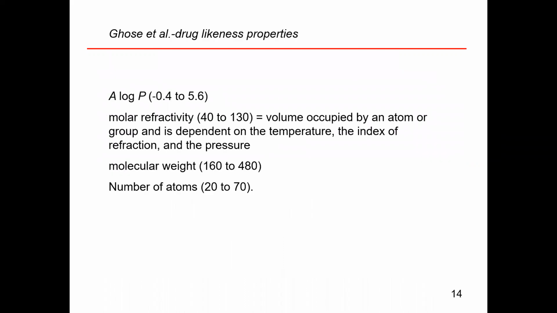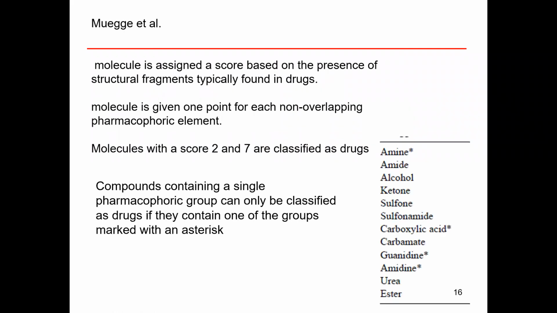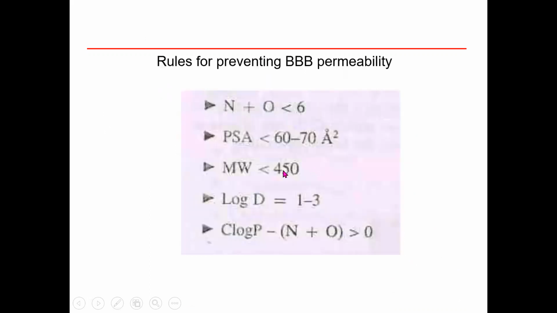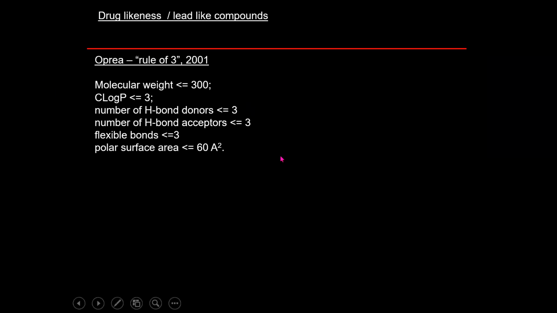Lipinski's rule is one, and then there is the Ghose et al. rule, the Veber rule, and the Muegge et al. rule. And then there is the total polar surface area related absorption rule, the blood-brain barrier rule, P-glycoprotein efflux transportation related issues, and then the Oprea rule.